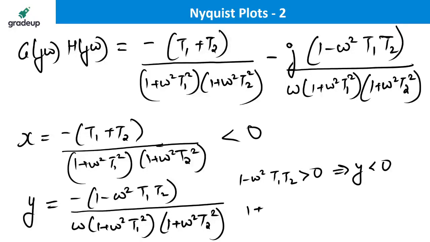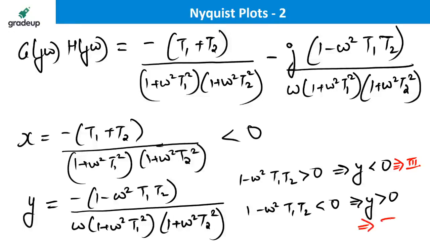And if 1 minus omega square t1 t2 is negative, the negative of negative will produce y as positive. If y is negative, x is anyways negative, so x and y both negative is third quadrant. And x negative, y positive will represent second quadrant. So it may be in the third quadrant or in the second quadrant based on 1 minus omega square t1 t2.